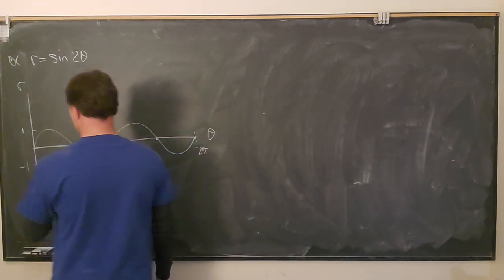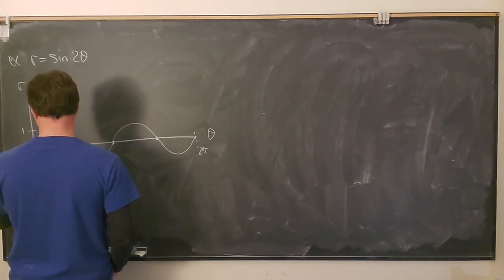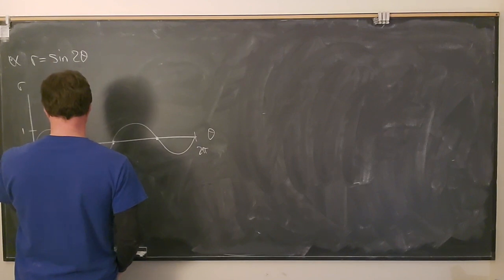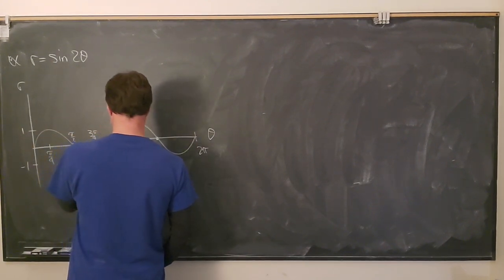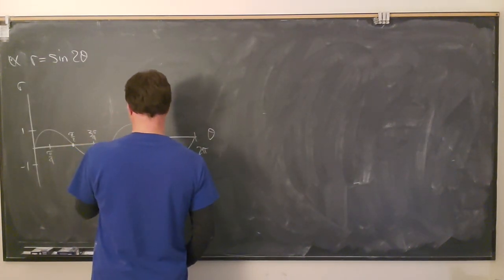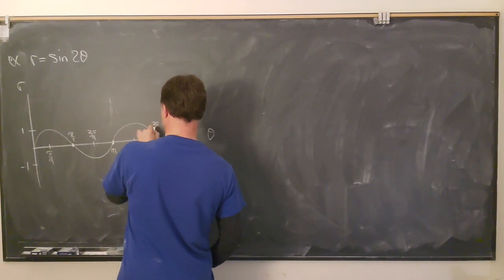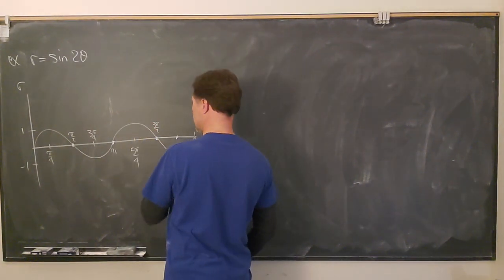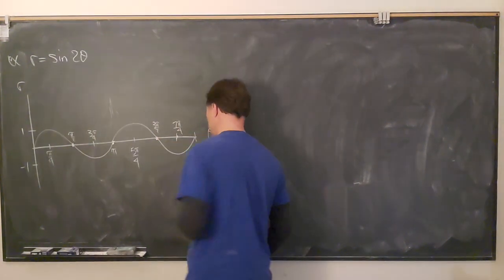I also want to identify the mins and the maxes. In this case, that happens at pi over 4, pi over 2, 3 pi over 4, pi, 5 pi over 4, 3 pi over 2, 7 pi over 4, and then we're at 2 pi.